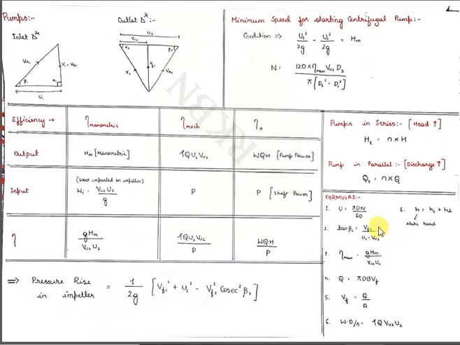The manometric head can be considered with respect to all the different types of heads: Hs, the head at the suction end, plus hfs, the friction loss at the suction end, plus Hd, the head at the discharge end, plus hfd, the friction in the discharge pipe, plus the kinetic energy at the outlet, that is Vd square by 2g. If I add all those things, that is nothing but Hm. These are the formulas related to pumps.